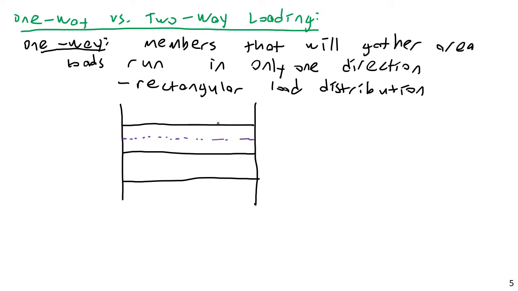Everything above this midline goes to this beam up here. Everything below this midline goes to this beam here. Same thing here. Everything above this line goes to this beam, and everything below this line goes to this beam. We're dividing it up by rectangular tributary areas, and so this beam is carrying this entire rectangular tributary area.